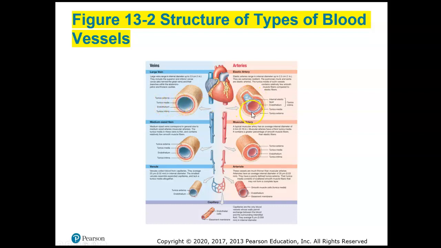And arteries have a thicker wall, but they have a smaller lumen, a smaller opening, whereas the veins have a larger opening. Veins have a larger diameter, and arteries have a smaller diameter because the veins are under less pressure, arteries are under greater pressure, so the arteries need that thick muscular layer.